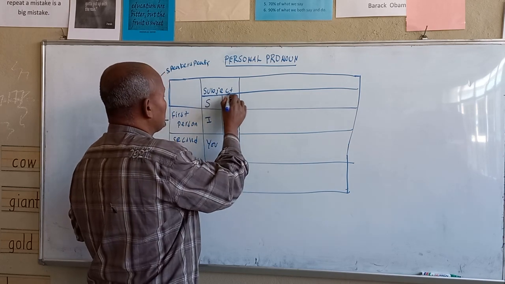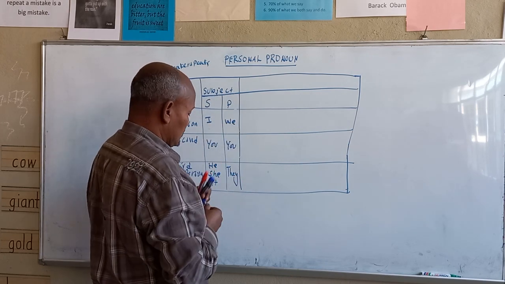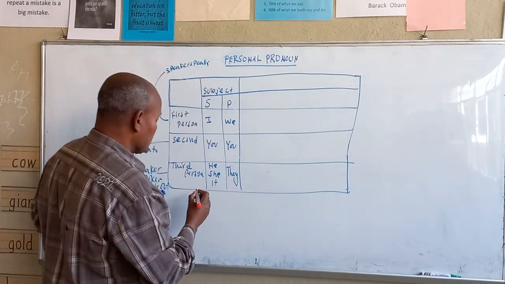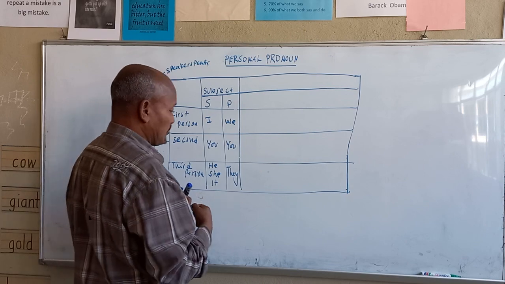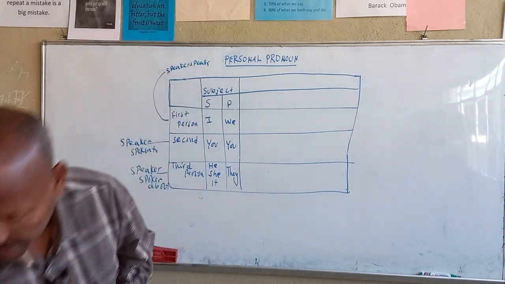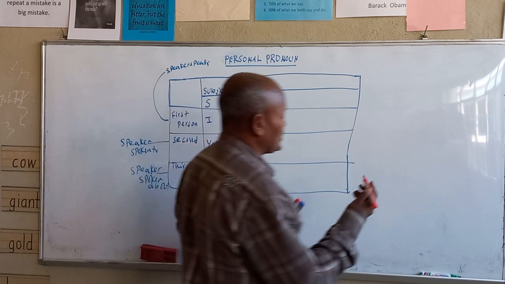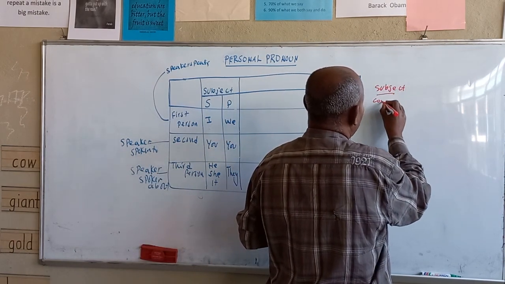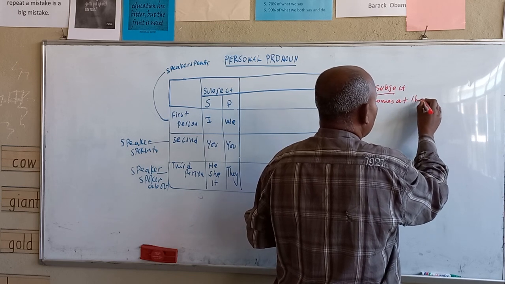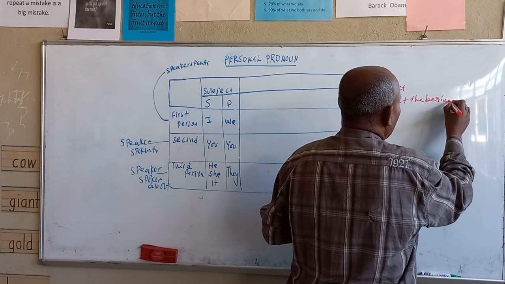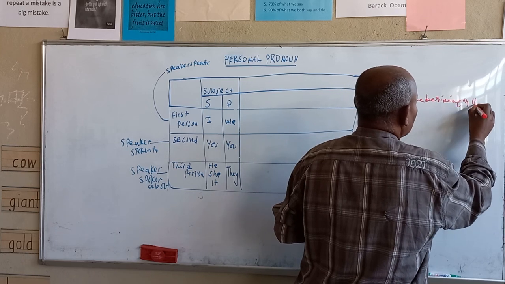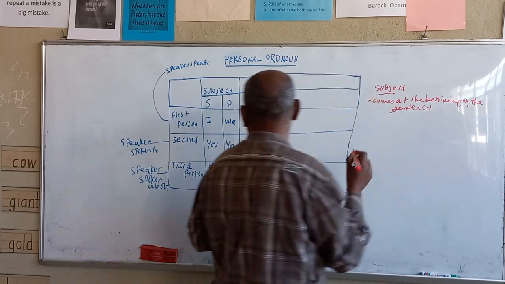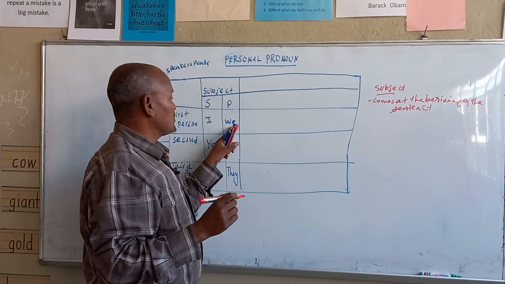So let me give you example sentences about this. Subject comes at the beginning of the sentence, so they are called subject pronouns. First person I and first person plural.